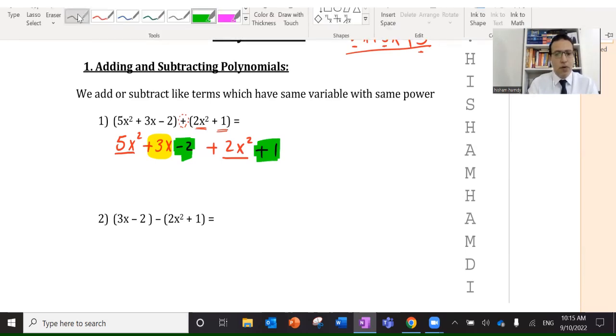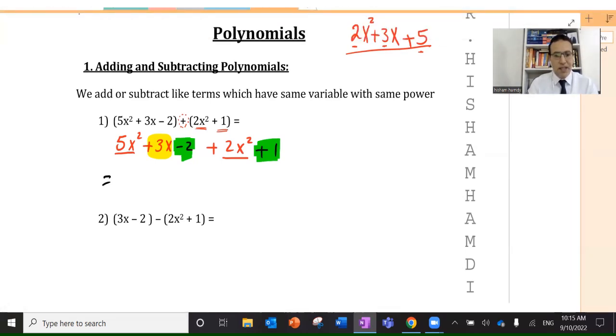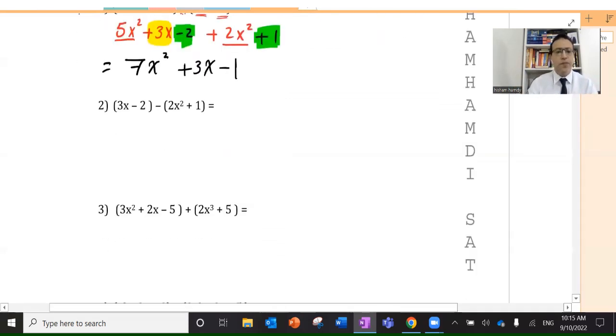So I'm going to write that 5x squared plus 2x squared is 7x squared, plus 3x, the yellow term. -2 and +1 give me -1. So if I have positive outside the bracket, all I have to do is just expand the bracket without changing the sign.